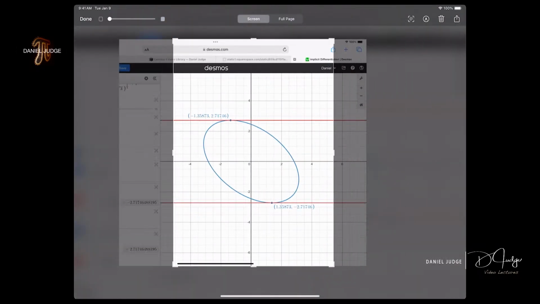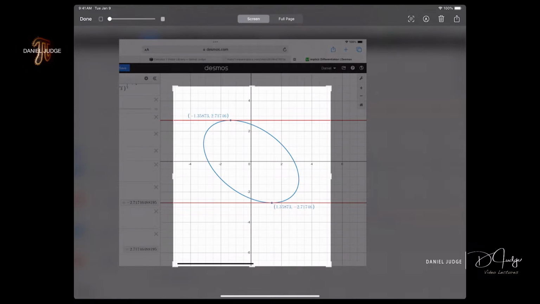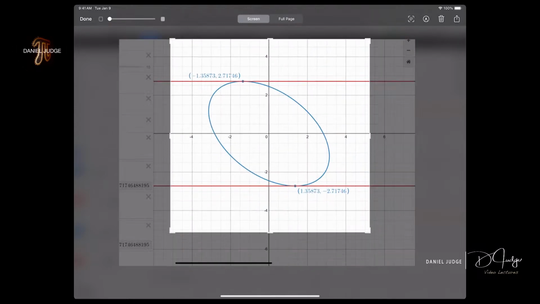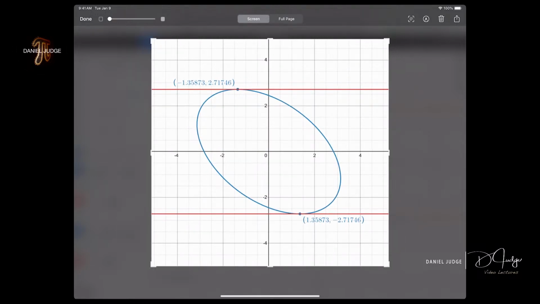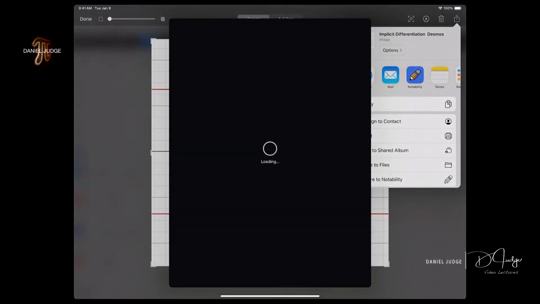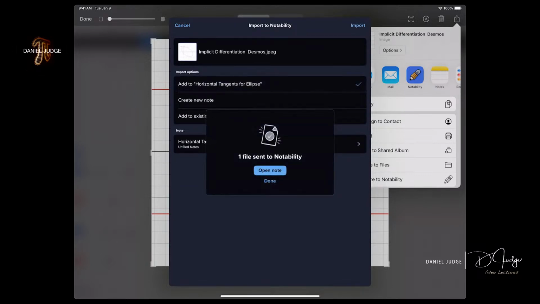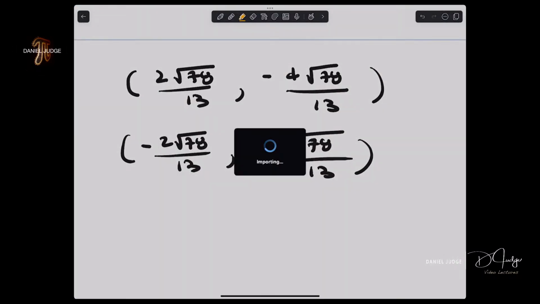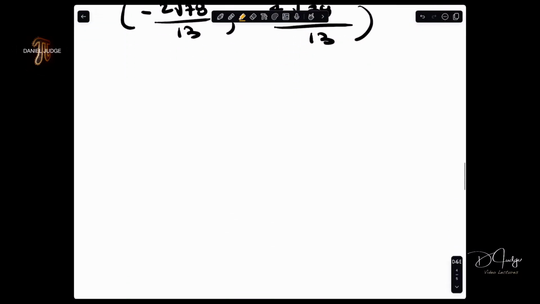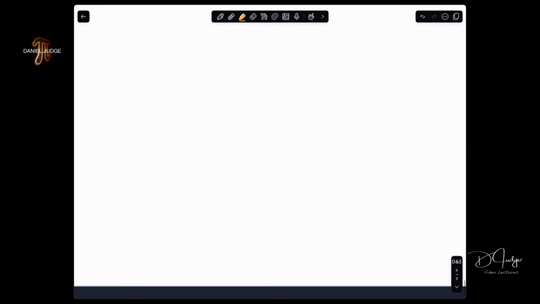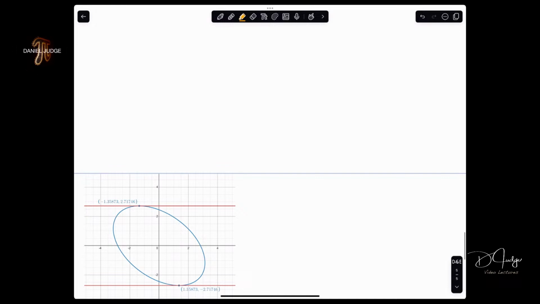Let's bring that in for this demonstration. So here are the locations.